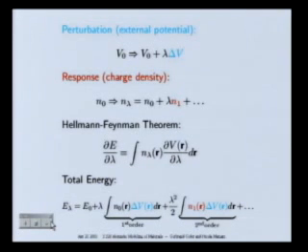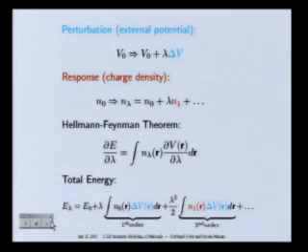What happens when you apply this small perturbation is that, of course, your new self-consistent charge density will change. So if for a given external potential V0 you have a ground state charge density n0, for a perturbation in which you add a term lambda delta V, your new ground state charge density is going to be a certain charge density that we define as n lambda.